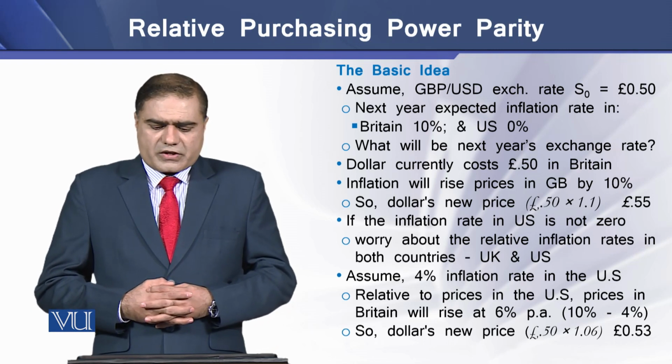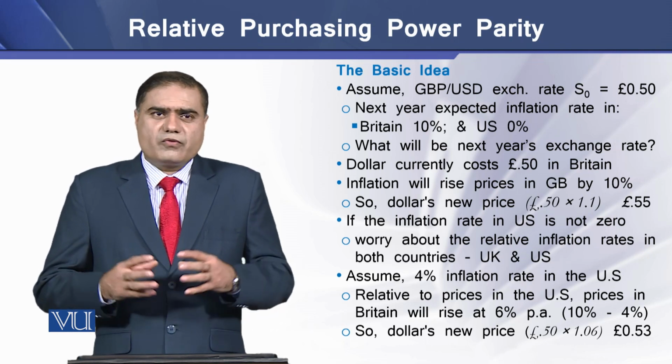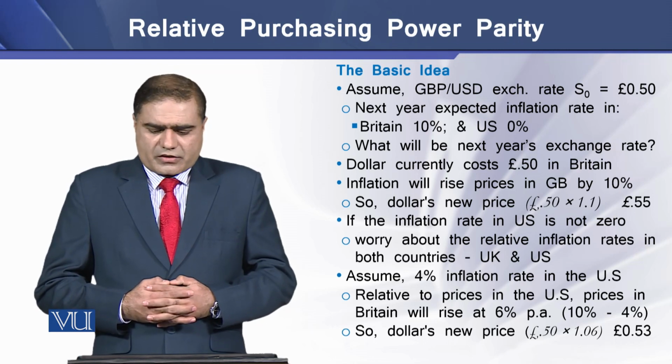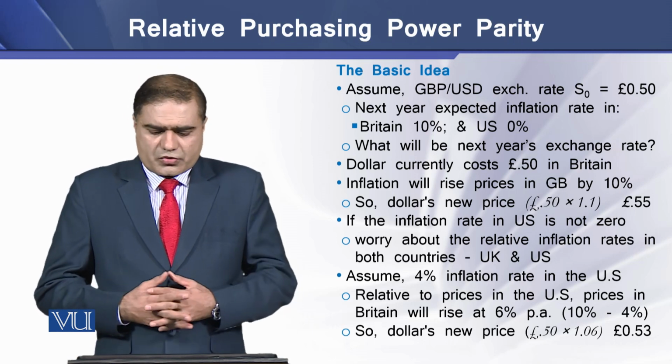If the inflation rate in the US is not 0, then we need to worry about the relative inflation rates in both of the countries, the US and the UK.